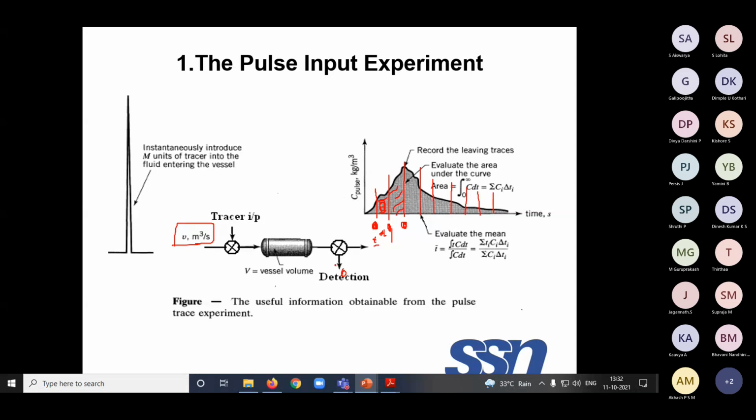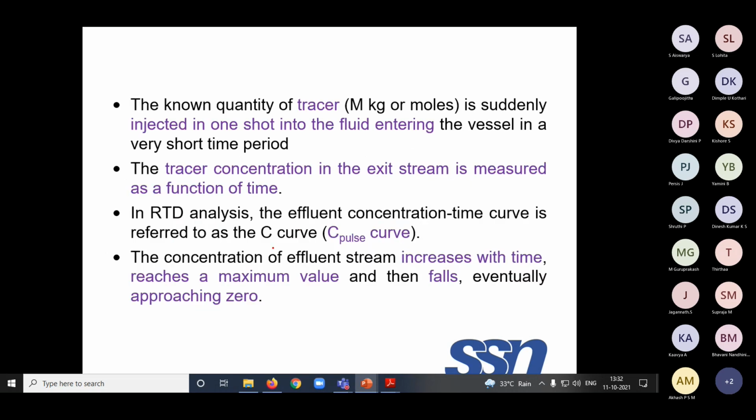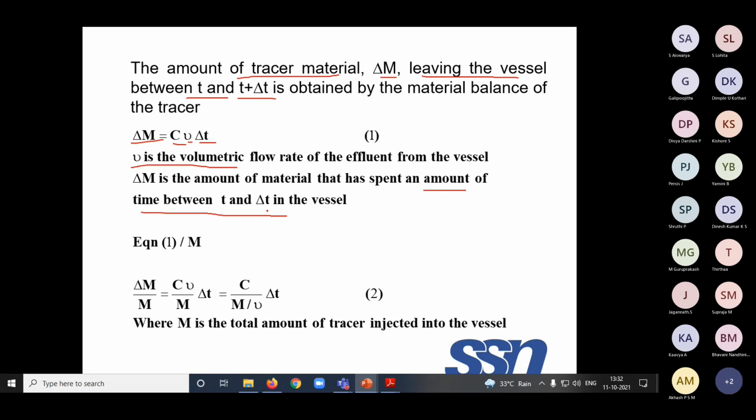Because I am measuring outside, I am trying to measure this much of the fluid which spent T plus delta T inside the reactor. Am I right? You have to visualize something here. Like this, this amount of the material is staying for T plus 2 delta T inside the reactor. That is what is mentioned here.